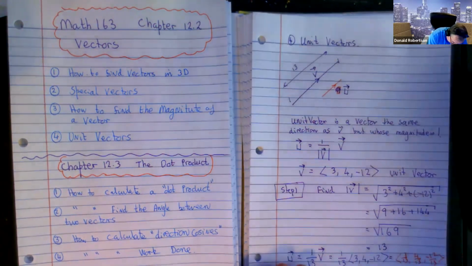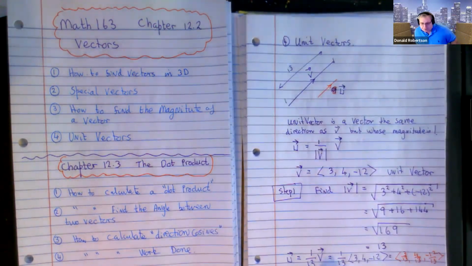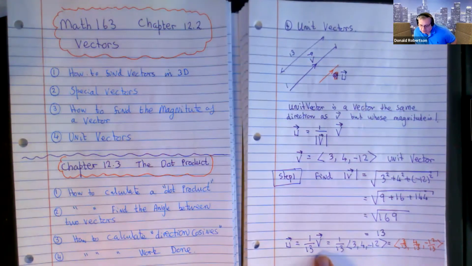And there's a property of vectors that says if you take any vector at all, and you multiply it by a number, whether that number is a fraction or not, the second vector is bound to be parallel to the first one. The only difference is that its magnitude will be reflected by this value here.